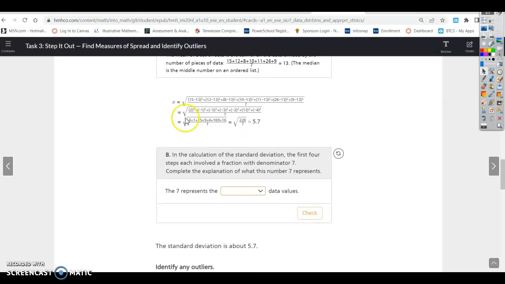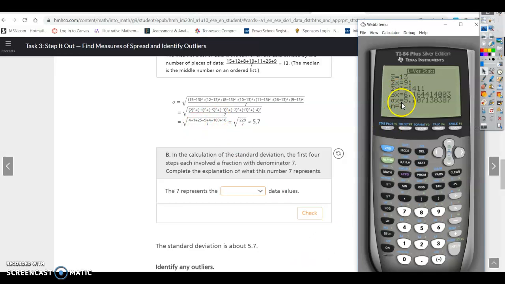For the standard deviation, they use this very long formula. If you look, we found the standard deviation, 5.7, by using the calculator here. I'm just trying to show you something quicker and easier, because standardized tests like the EOC and the ACT are timed, and you need to be able to find something as quickly as possible.